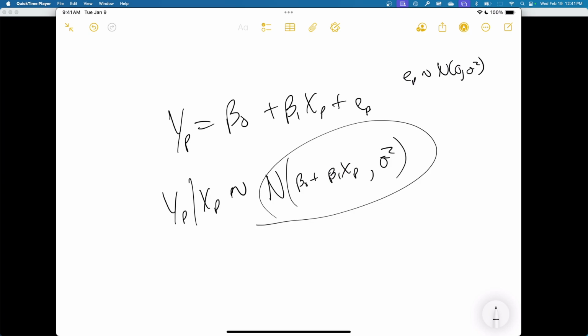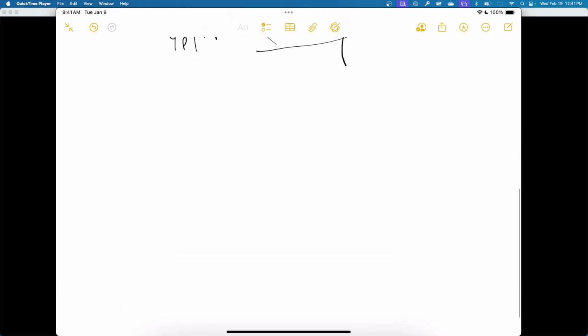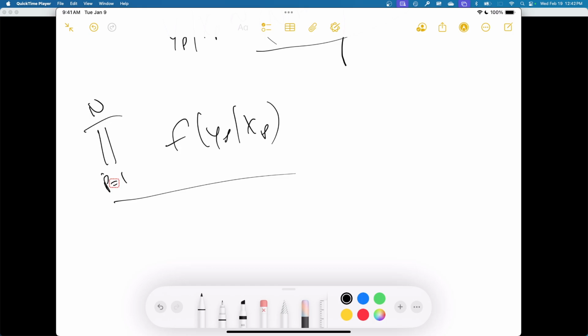Okay, but that was 2 weeks ago. Last week was talking about how we turn a distribution into a likelihood function. If we say that the distribution of y for a person given x is that normal PDF, the sample likelihood would be the product from person equals 1 to capital N people of that distribution function.